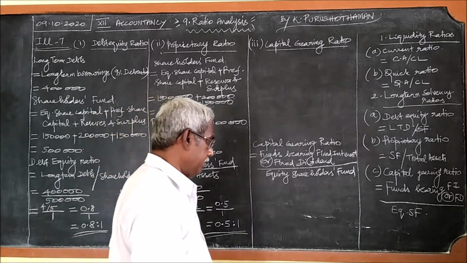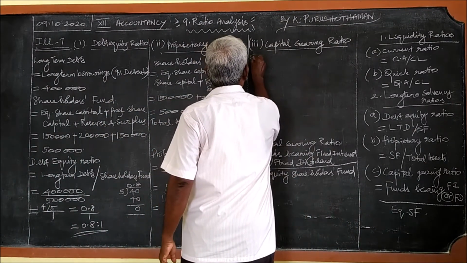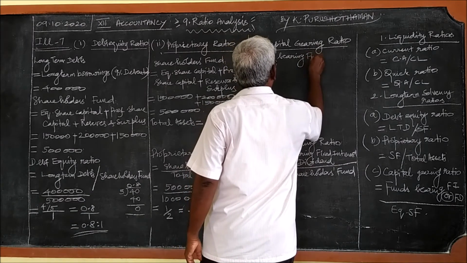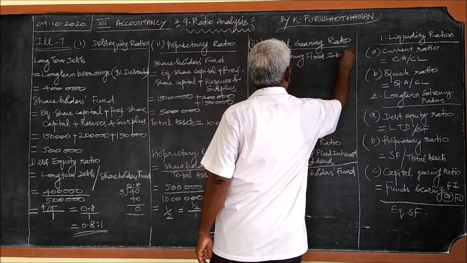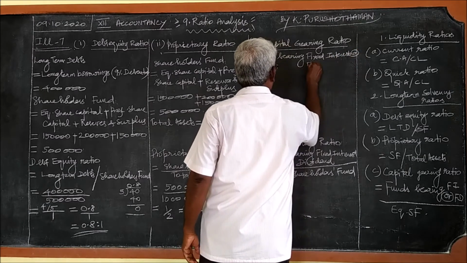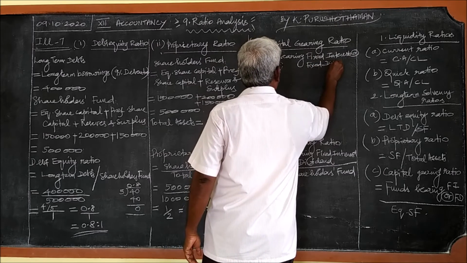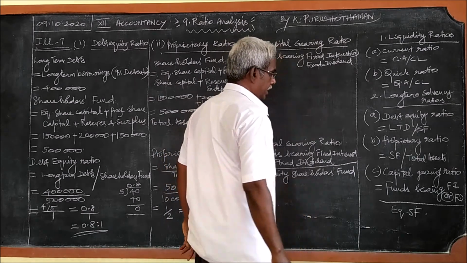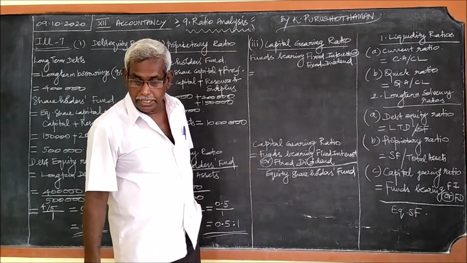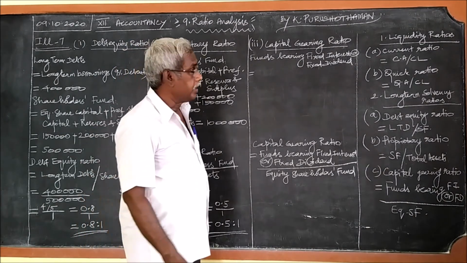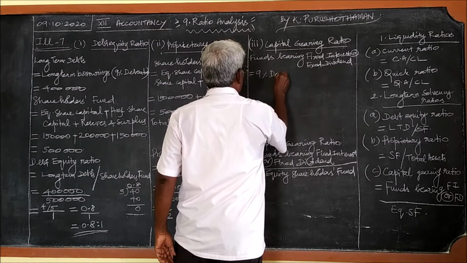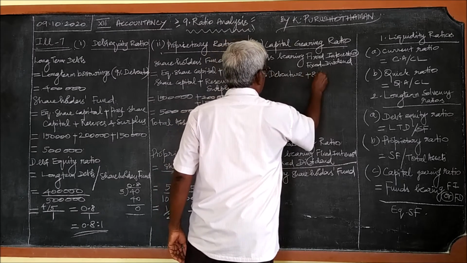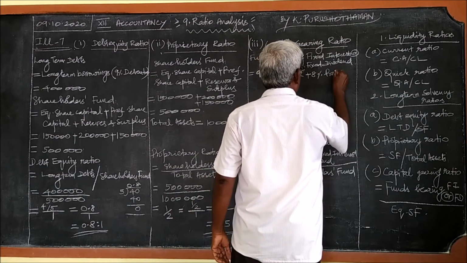Fixed interest is the 9% debenture, and fixed dividend is the 8% preference share.